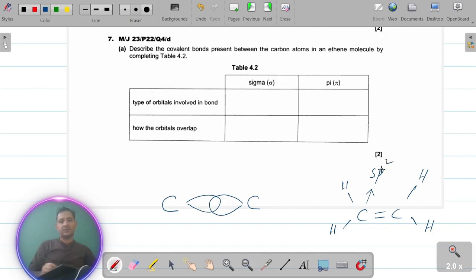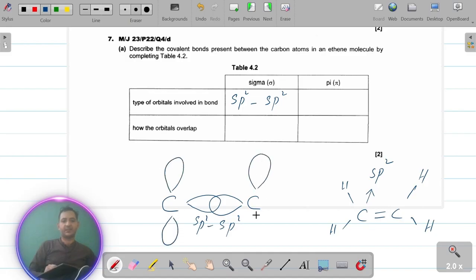Okay. So this sigma bond is formed between sp2 and sp2. How it is sp2 I already explained in my hybridization topic. So the sigma bond is formed by overlapping of sp2 with sp2. And how is the pi bond formed? We know there's an unhybridized p, it is not in hybridized form. So side by side it is making a pi bond.